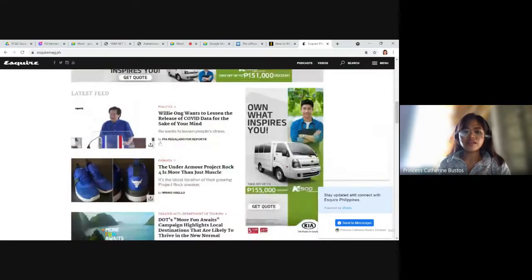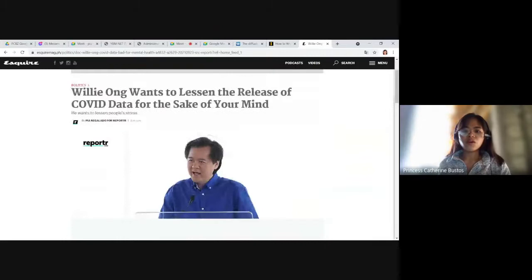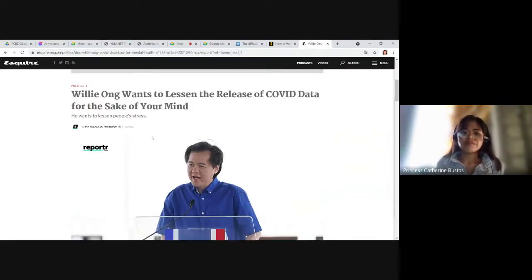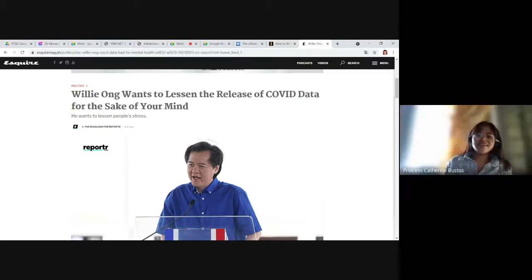Now let's find an article. Let's have Willie Ong. Okay, can you read the title of the article? Willie Ong wants to lessen the release of COVID data for the sake of your mind. Okay, so that's the title. Now, who is our author?